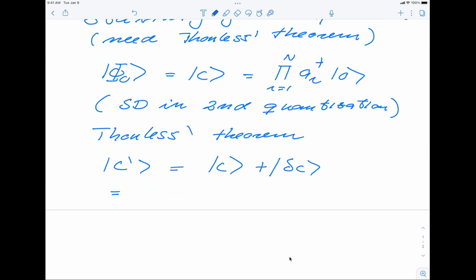And this Slater determinant is going to be given by 1 plus a sum over the one particle, one hole excitations, and we have a coefficient delta C_IA, and this is then multiplied with the creation operator for a particle state above the Fermi level. So remember now that these indices A, B, C, and so on are states above the Fermi level, and the indices I, J, K, and L are for states below the Fermi level. And this is given by a_A^† a_I, and this is acting on the state C.